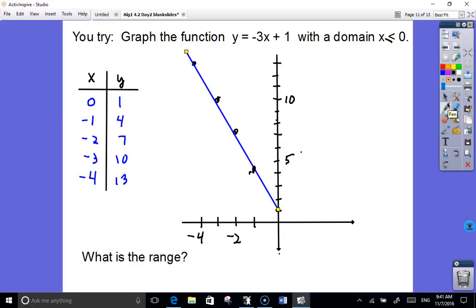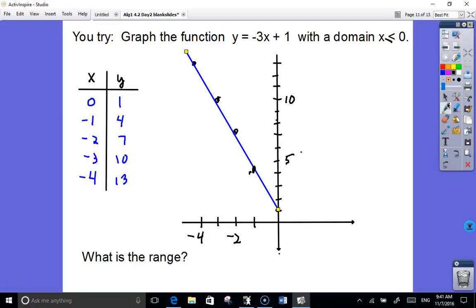Substitute them to get some values. Those are probably the easiest 5 values you could have had. Plotted them and connect them with a line. But does the line go infinitely both directions? No. It stops at the y-axis where x is less than or equal to 0.